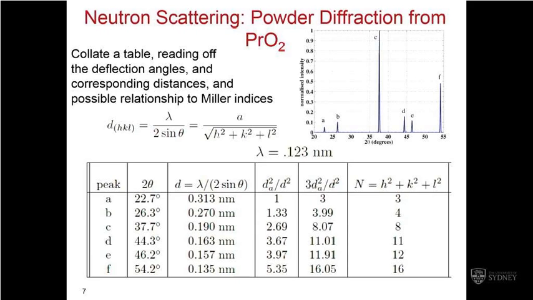So basically, this feature here gives us the smallest ratio of these interplanar spacings, okay? So it will give us the smallest possible HKL.